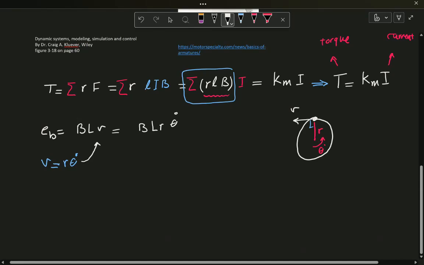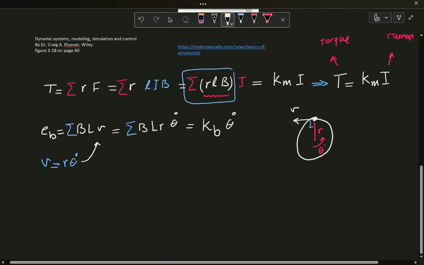This is just for one wire. You need to add them up on all the wires. And if you add them up, you see that B, L, and R are constants, and you can lump them in one constant. We call it KB, and this is going to be KB theta dot.